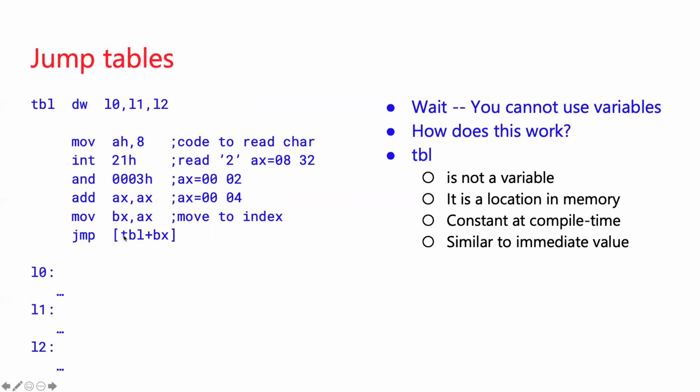So you're saying take wherever TBL starts in memory plus whatever index I just got from the user, and then go get the contents of that memory. Well, so let's say BX is 4, like it says in the explanation of the example. So take TBL, go 4 bytes later in memory. TBL is pointing to the start of this L0. 2 bytes later would be this L1. 2 more bytes later would be this L2.